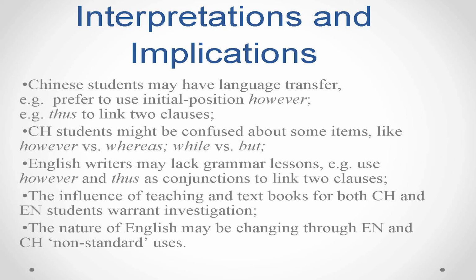Chinese students may have language transfer, and they may be confused about some items. And English students may lack grammar lessons, and the influence of teaching and context and textbooks for both Chinese and English students warrants investigation. The nature of English may be changing through English and Chinese non-standard uses.